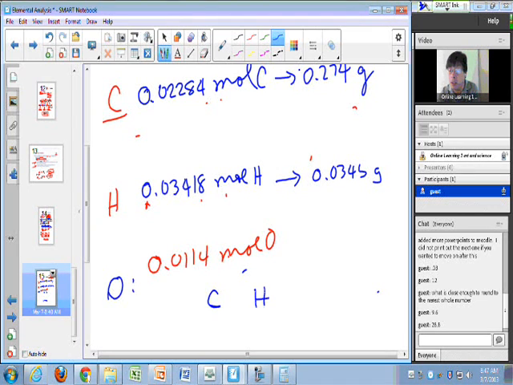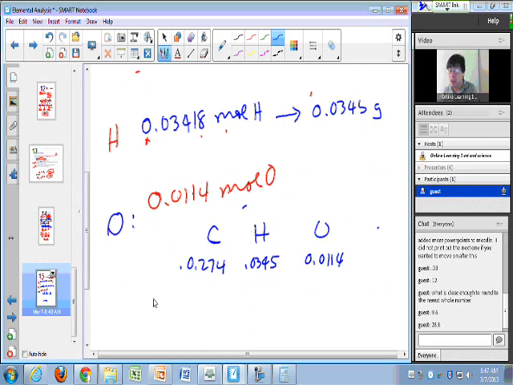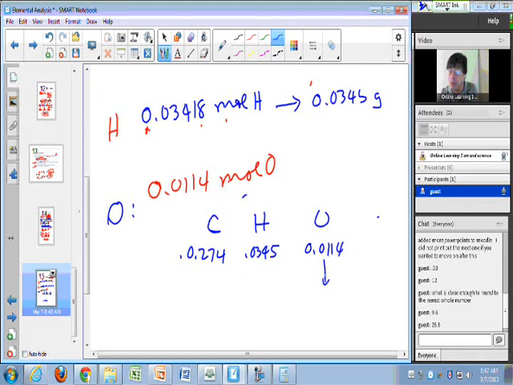Carbon, hydrogen, oxygen. This is 0.02284, this is 0.03418, and that's 0.0114. Divide everything by 0.0114. Oxygen is going to be a 1.